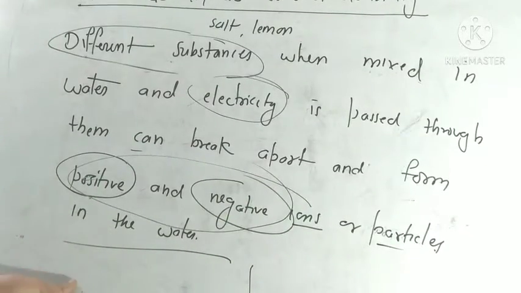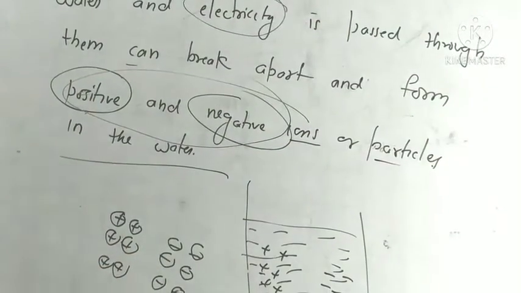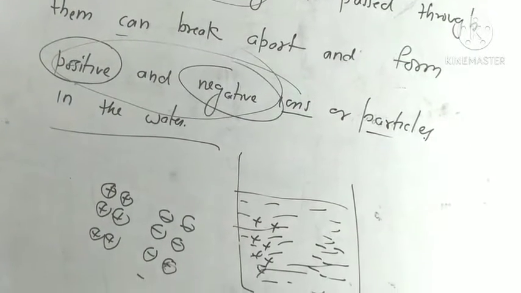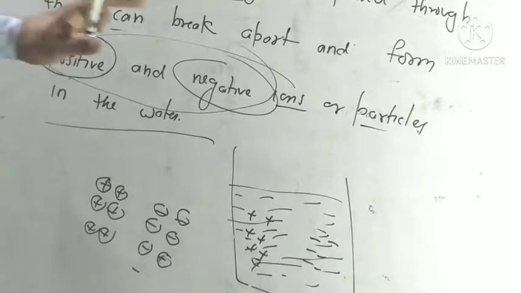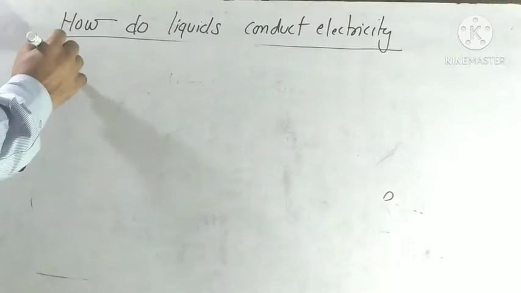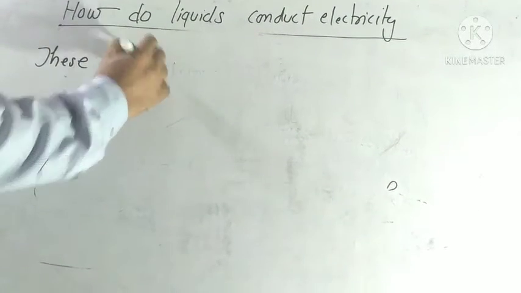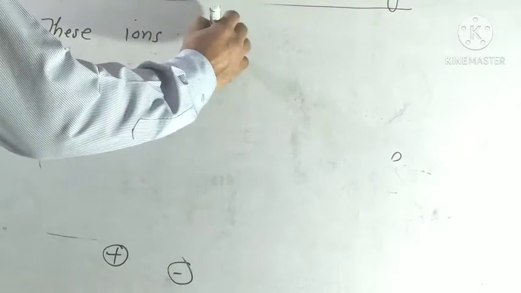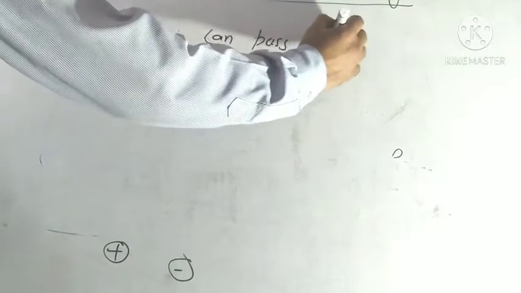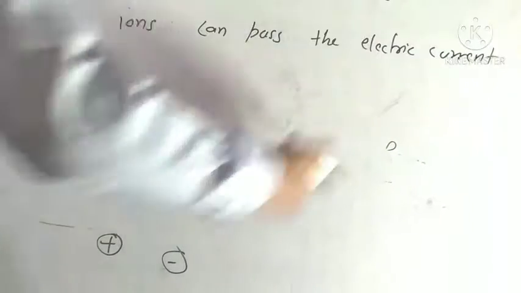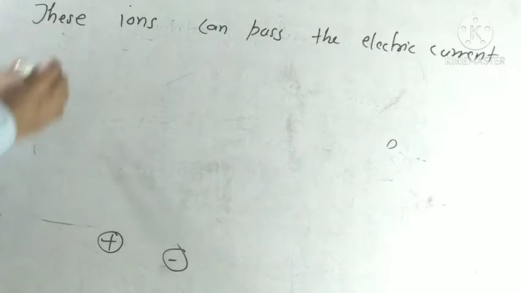There are two types of ions, positive ions and negative ions, and these ions can pass the electric current through them.